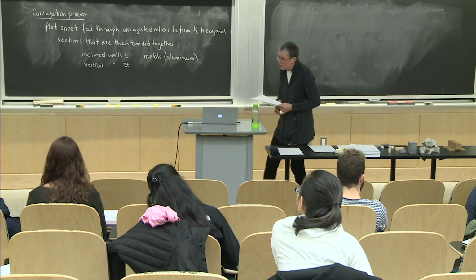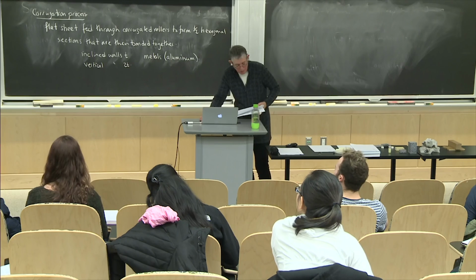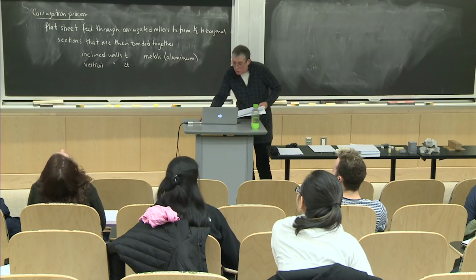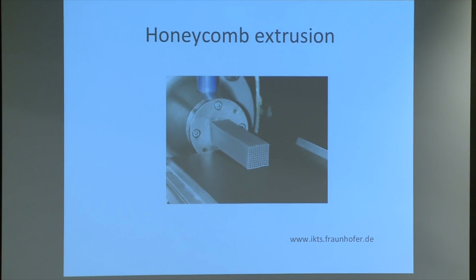So another process that's used to make ceramic honeycombs is an extrusion process. You just take a ceramic slurry and pass it through a die, and you can make a ceramic honeycomb by doing that.